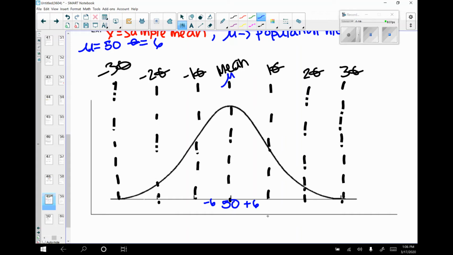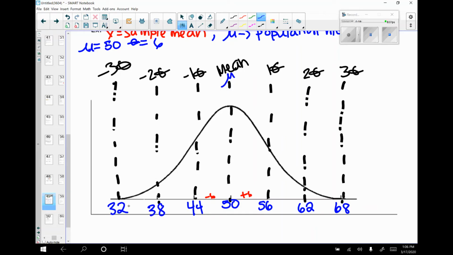So you're just going to follow that pattern. We're going to subtract 6, add 6. So this will be 56, 62 and 68. This will be 44, 38, and 32.